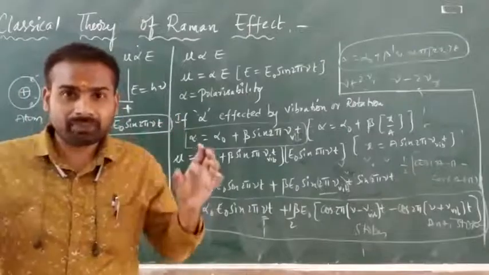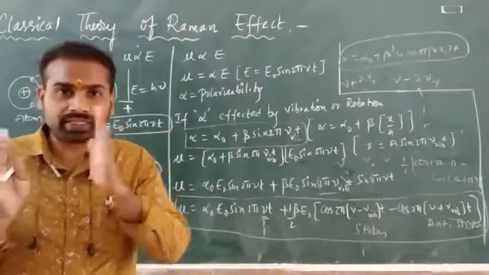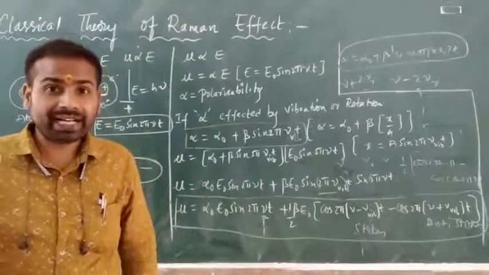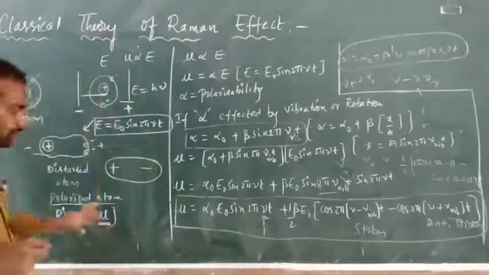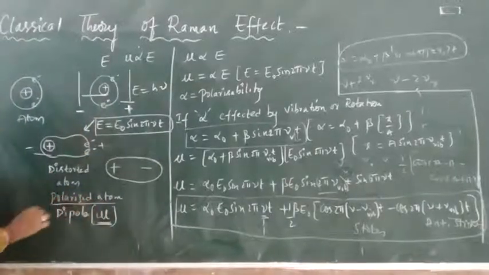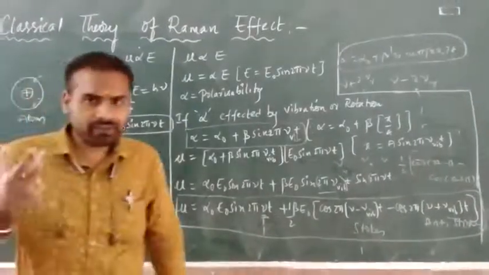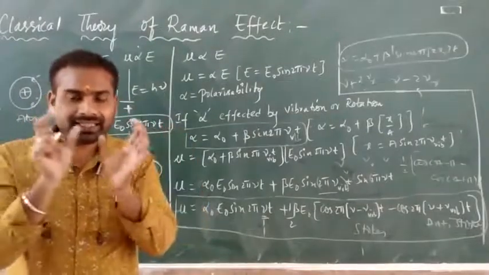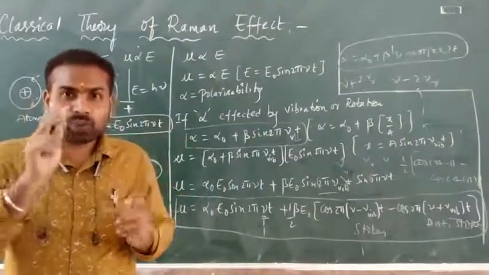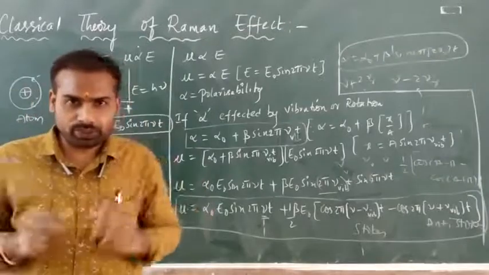The separation of positive charges and negative charges is nothing but polarization. Now the atom is said to be polarized. So this polarized atom, having the positive charge and negative charge separately, is called a dipole, two poles, positive pole and negative pole.